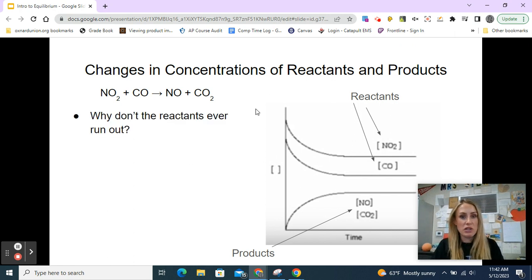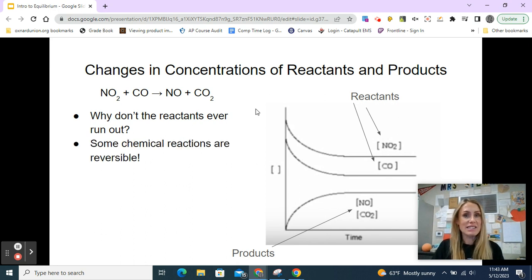My next question for you is, why do you think the reactants never run out? We kind of get this plateau of concentration. So we don't go down to 0 for our reactant concentration. We kind of hit the stability line. Now, the reason for this is that some chemical reactions, not all, but some chemical reactions are reversible.